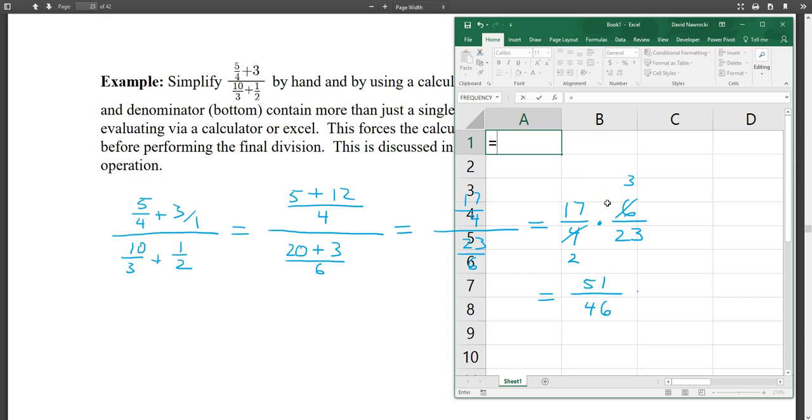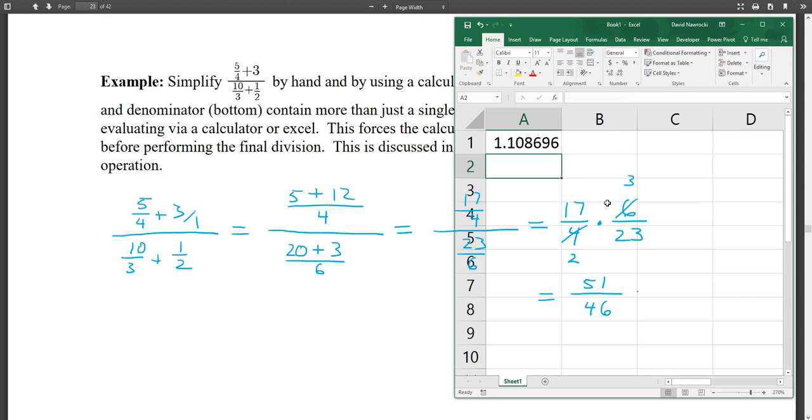So equals, now the numerator is going to have to be in its own set of parentheses. 5 divided by 4 plus 3, there we go, divided by, then the denominator in its own set of parentheses, 10 divided by 3, plus 1 divided by 2, and there we go. That's how we would enter it. You would do the same thing in a calculator as well, except you don't need the equal sign in front.